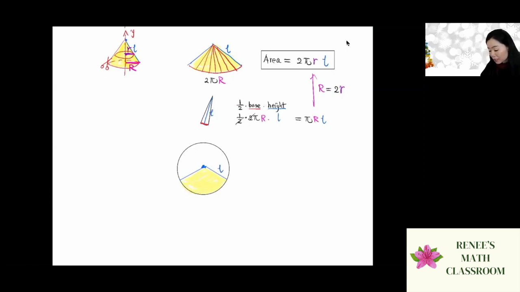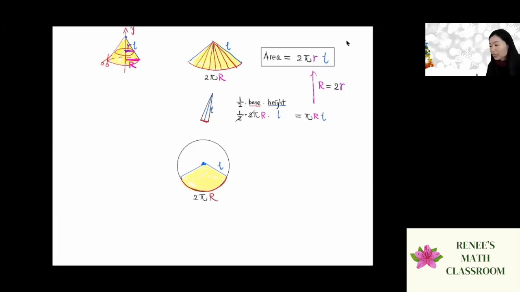So this is one part, just a part of this big circle with radius L. Now the arc is 2 pi times big R. If we find the area for the whole circle, it is pi times L squared, right? That's a whole circle. But we're not getting the whole circle. This is just part of it, right?